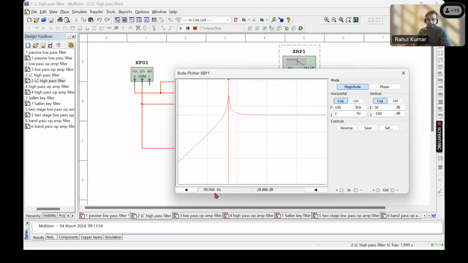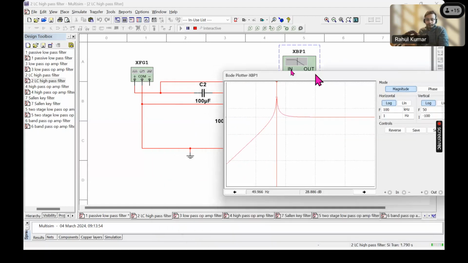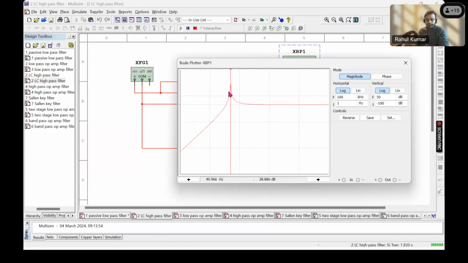So we are getting a peak at our cutoff frequency, and it's giving us a gain of about 29, 30 dB approximately. We are getting a gain of 30 dB here. It's mainly because of resonance. So this happens because of resonance.